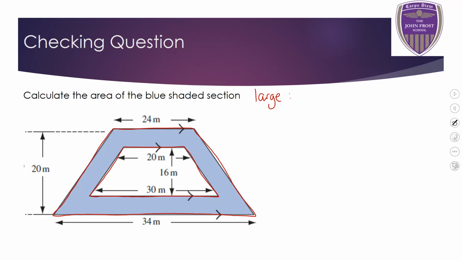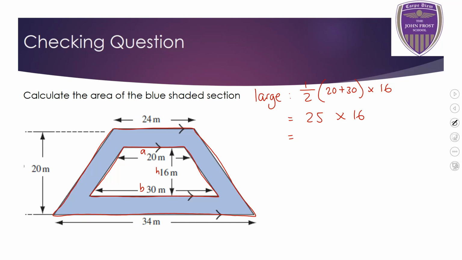So for the large trapezium, I'm just going to input the numbers. You've got A here, B here, and that's H. So our formula would be half of A plus B, so 20 plus 30, times by 16. 20 plus 30 gives you 50. Half of 50 is 25, so we're doing 25 times 16.